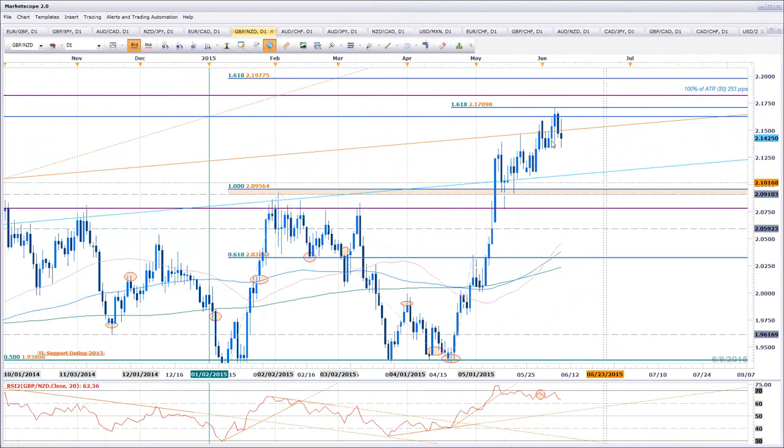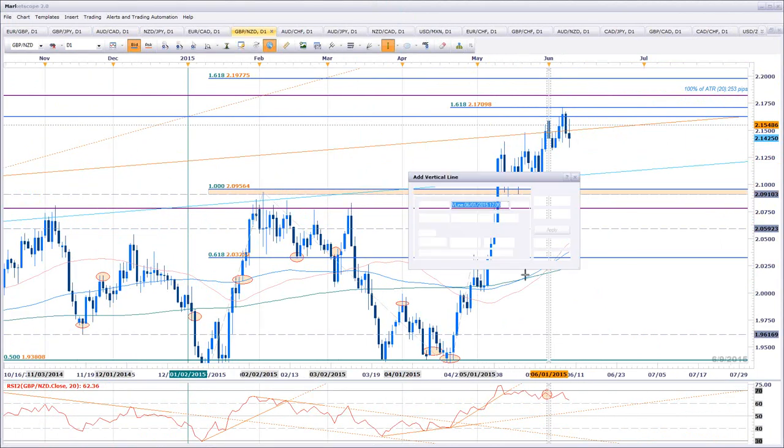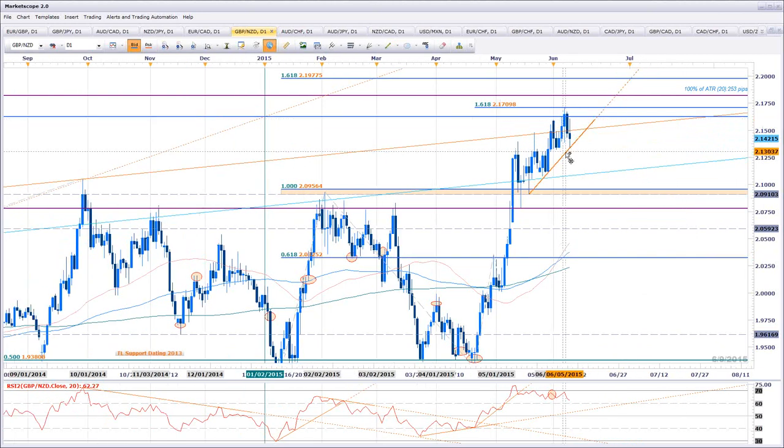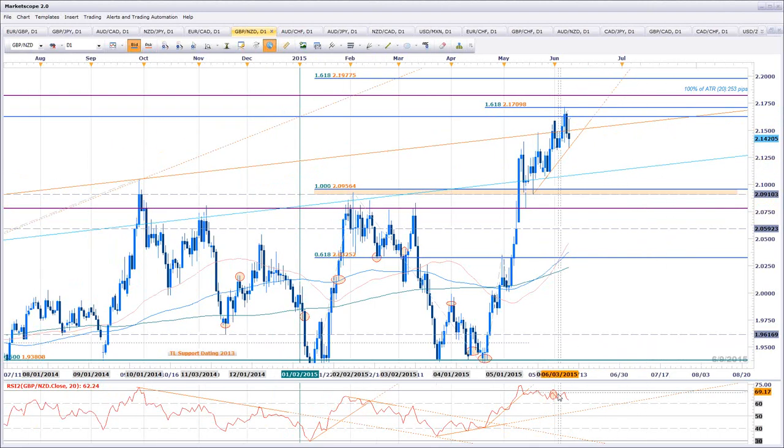Okay. Give me 1 second. Let's update this here. Here's your monthly opening range. Basic trend line support. This is probably what you're looking at, right, Gert? With you on that. Okay.